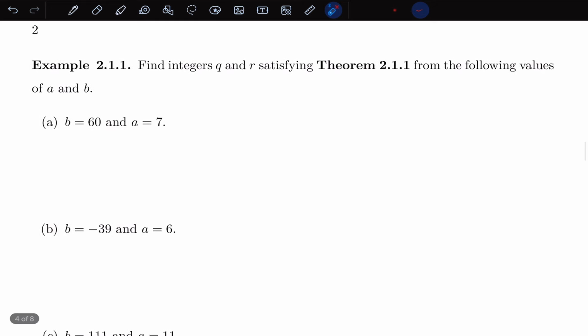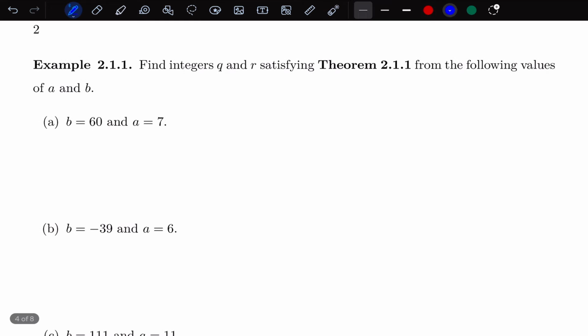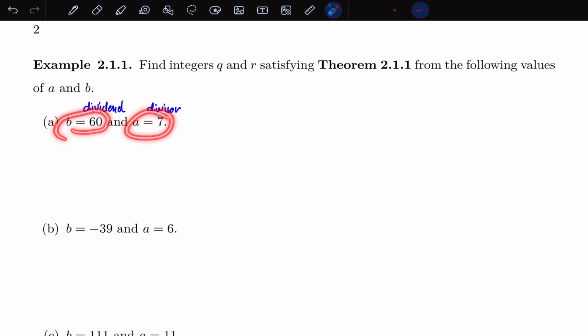Just like we have 60 as the dividend, and A is the divisor. So when we divide 60 by 7, we're going to have a quotient and the remainder, right?